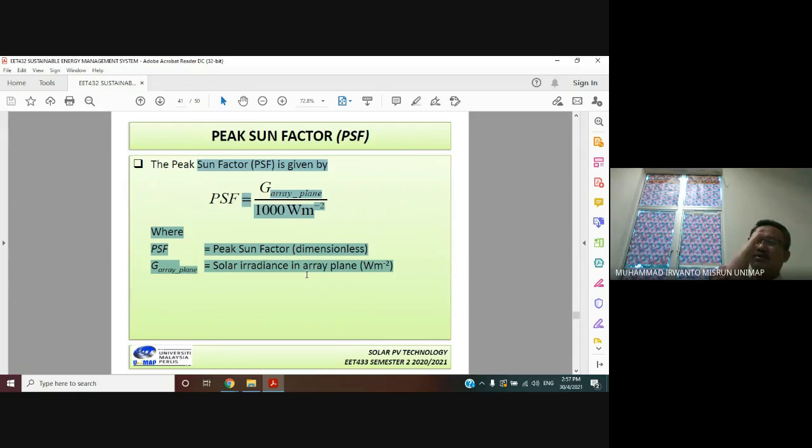Remember, without unit, because it is watt per meter squared over watt per meter squared.